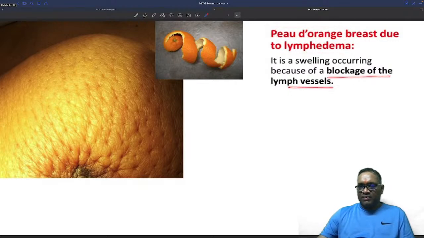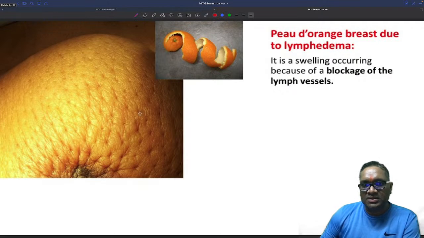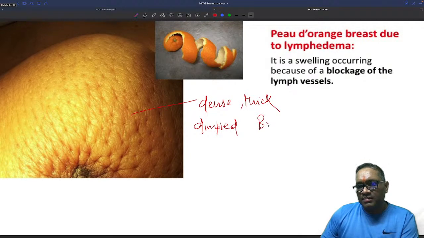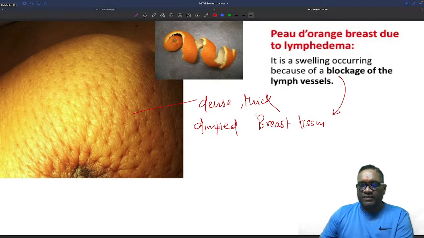So how do we describe this? Dense, thick and dimpled breast tissue, and this is all because of blockage of the lymphatic vessels.